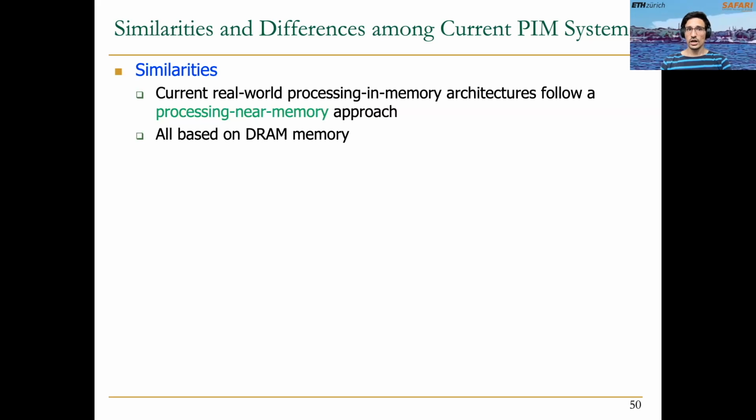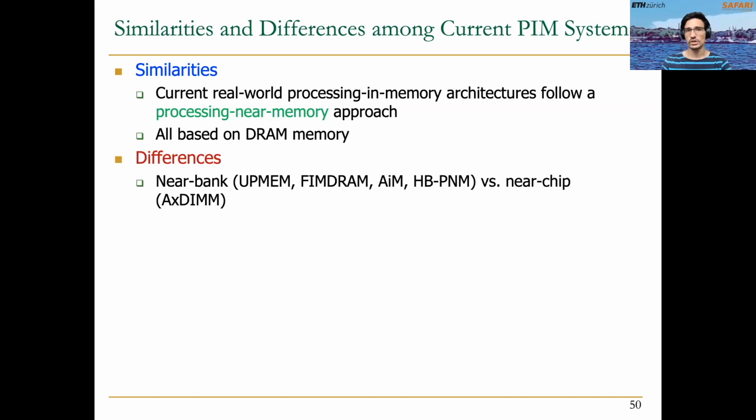I think that there are two very clear similarities. The first of them is that all the architectures that we have presented that are already commercially available, or hopefully will be commercially available very soon, are real-world processing in memory architectures that follow a processing near memory approach. Another common characteristic of these architectures is that they are based on DRAM memory.